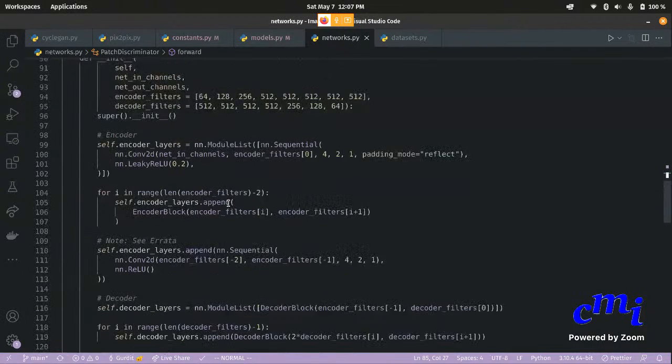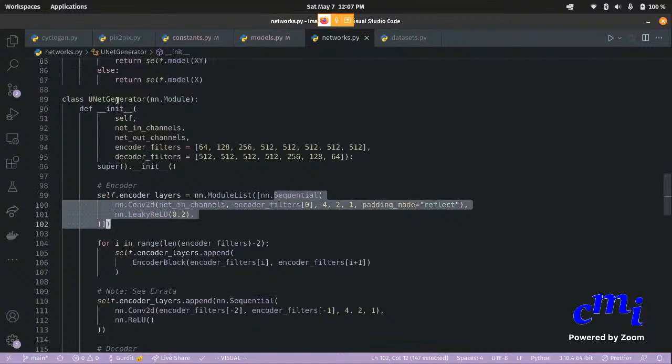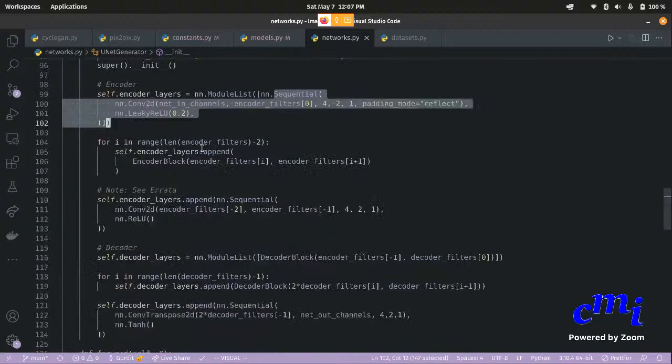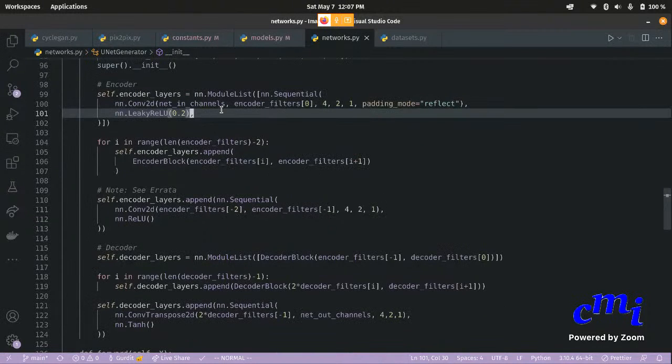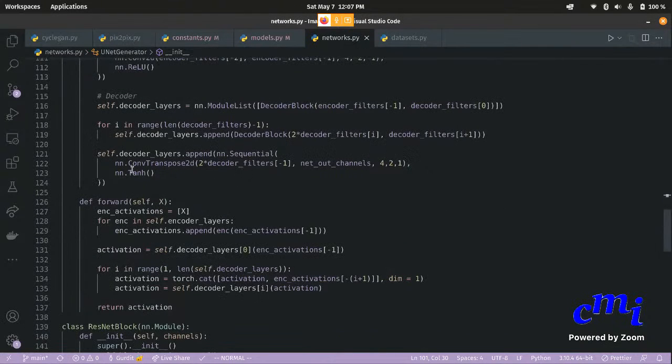So for the unit generator, I have several encoder layers. I've defined this generator, but I have not used this. I've just used the generator defined for the cycle time paper. For the encoder layers, similarly, we don't use an instance norm here. Add some encoder blocks, some decoder blocks, pass it through TANH, because the images are actually in the range of -1 to 1.